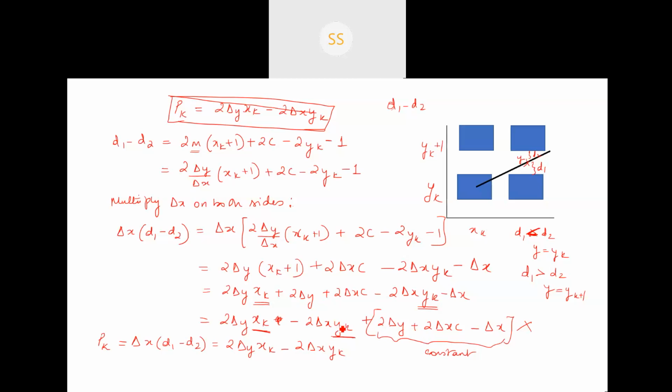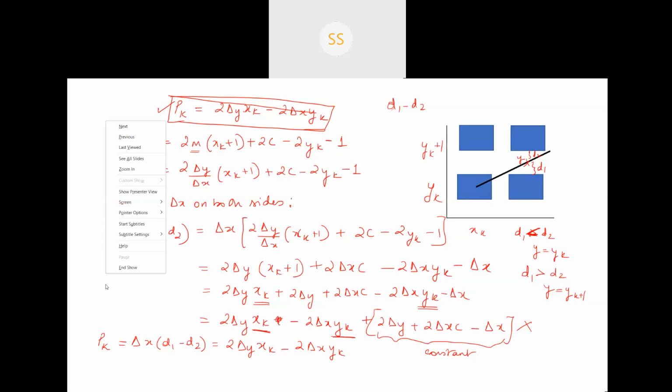The elements which are making change, that is xk and yk, are the main components in my decision parameter. So I only retain those two values. This delta x into d1 minus d2 is very long to always use. So instead of using this particular term, I am going to use a simple term called pk.